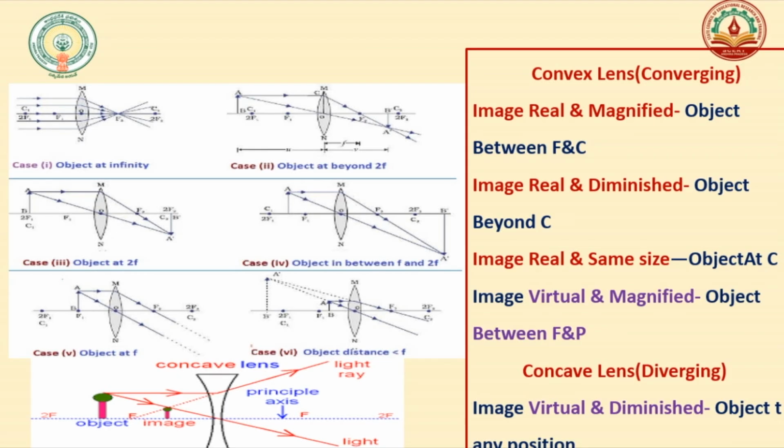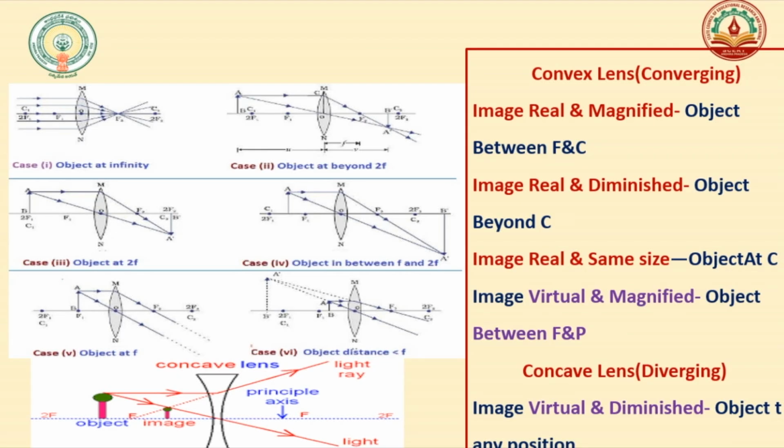Whereas the special case is the one we have to focus on. When the object is kept between focus and pole, then only a virtual image will be formed on the same side of the lens for a convex lens. But in the case of a concave lens, we keep the object anywhere and we get only diminished virtual images.